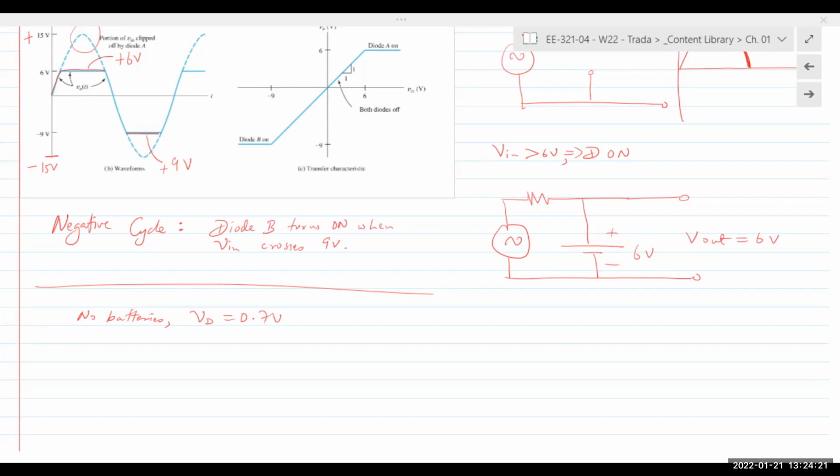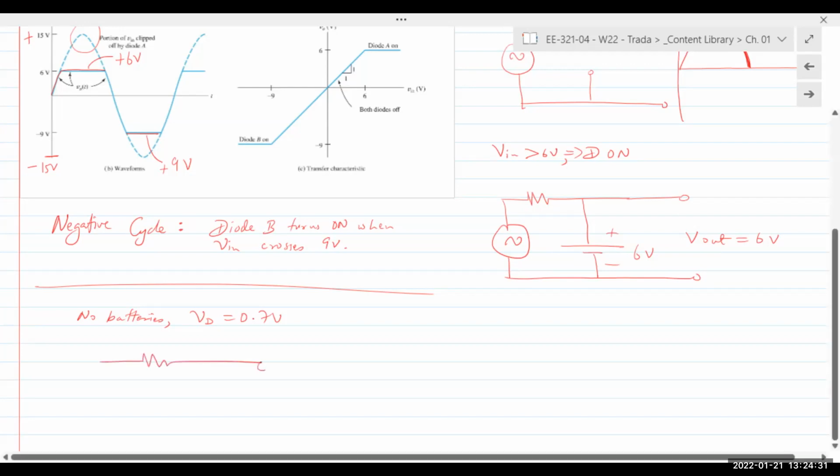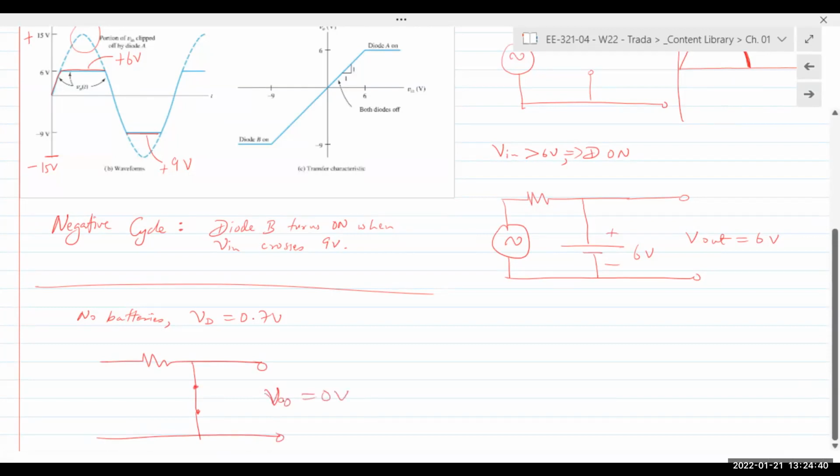As soon as the input V in crosses 0.7 volts, diode turns on, becomes a short circuit. So the diode is a short circuit. What is V out? V out is equal to 0 volts. And the same thing will happen when it's the negative half cycle.